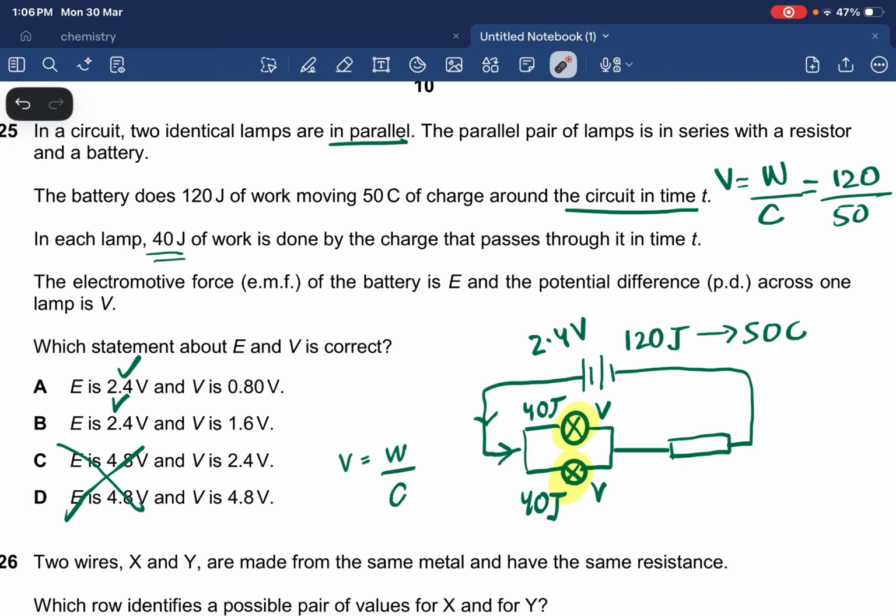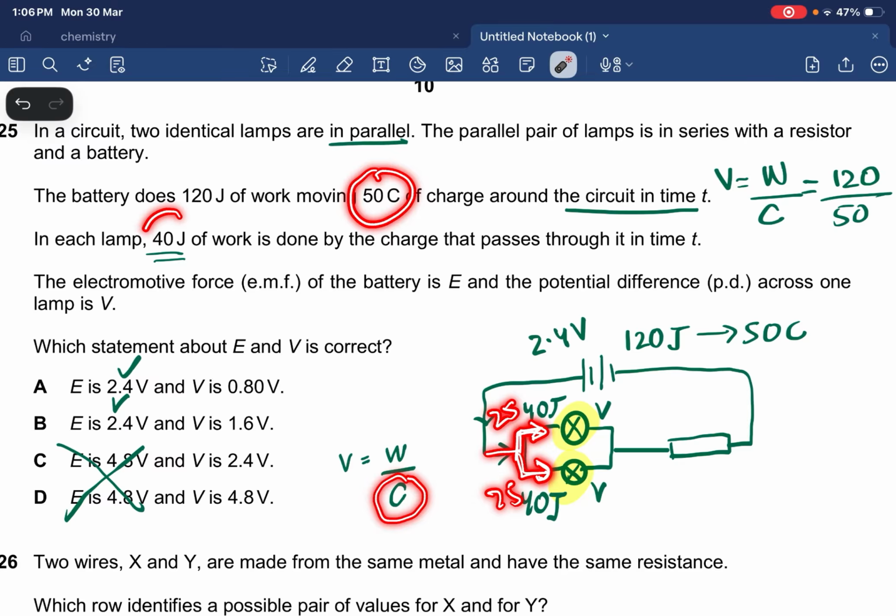But remember one thing, the charge is going to go half over here and half over here, right? Because the entire charge cannot pass through a single resistor. Charge is going to divide. So this 50 coulombs of charge, 25 is going to go in the upper lamp, and 25 in the lower lamp.